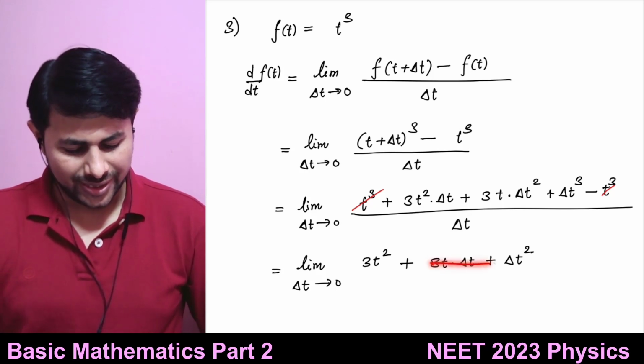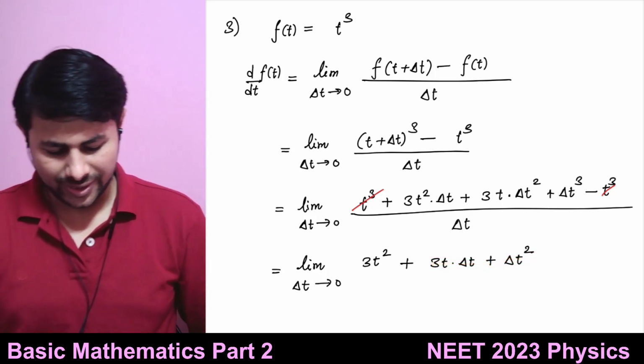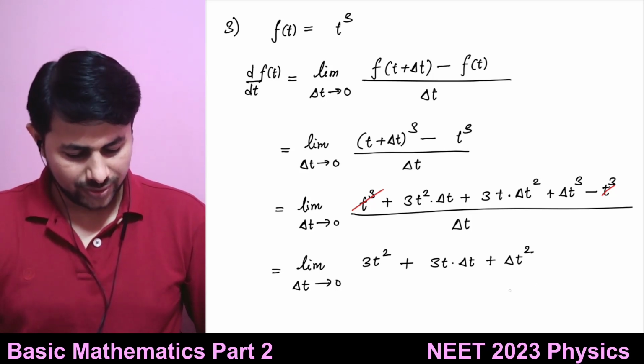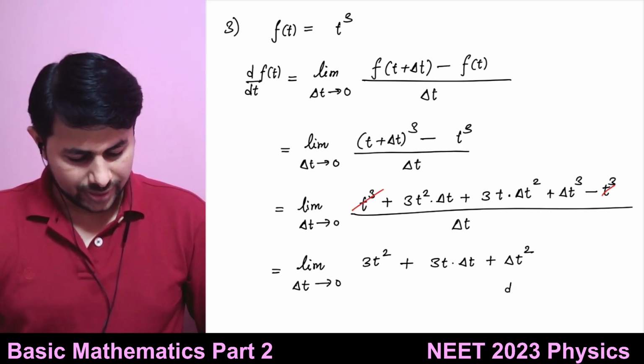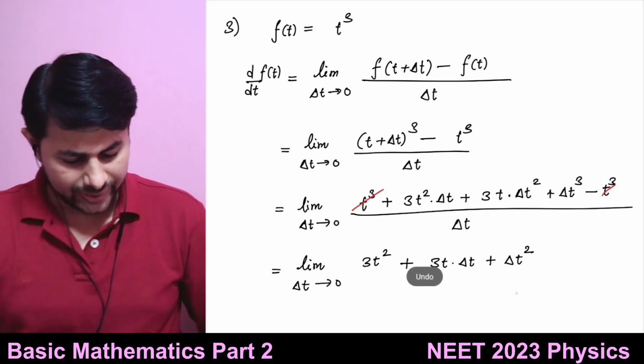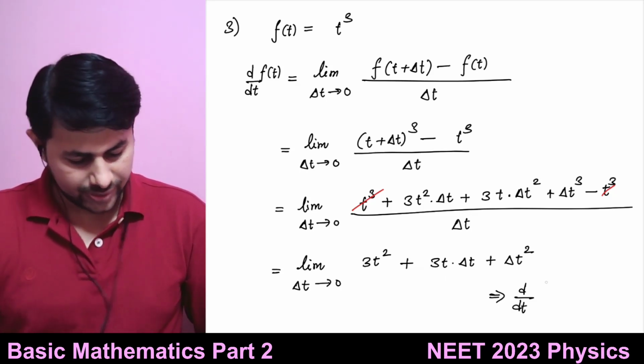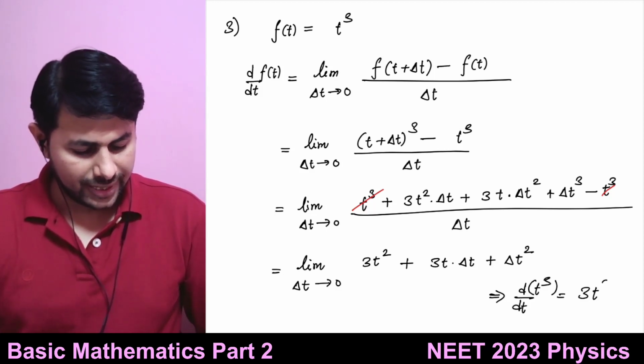So we'll neglect this and this. What do we get? We get 3t square. So the derivative: d by dt of t cube is equal to 3 times t square.